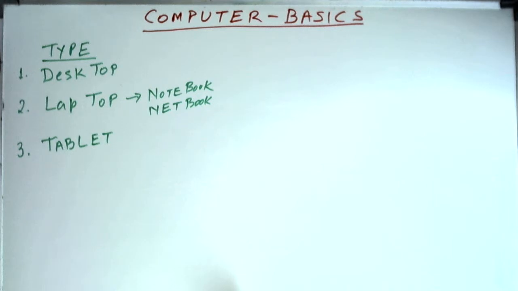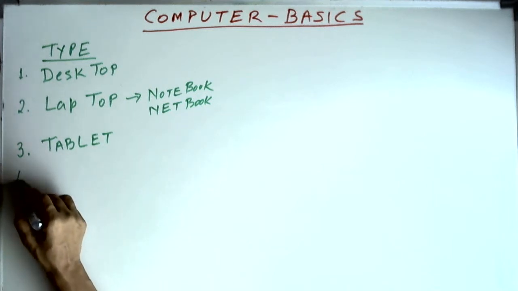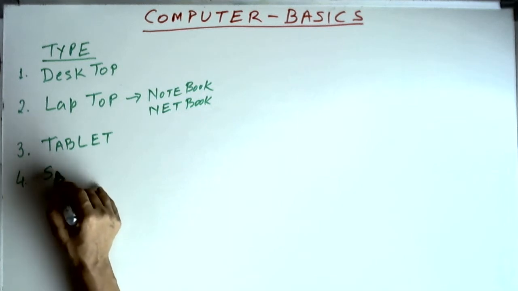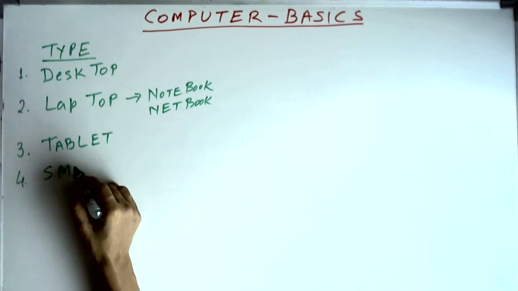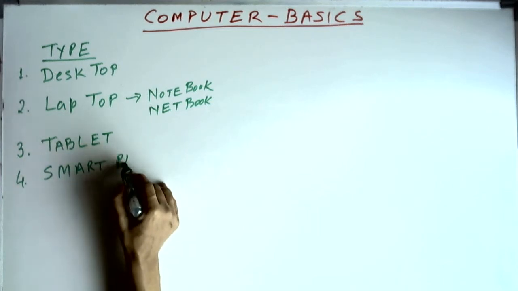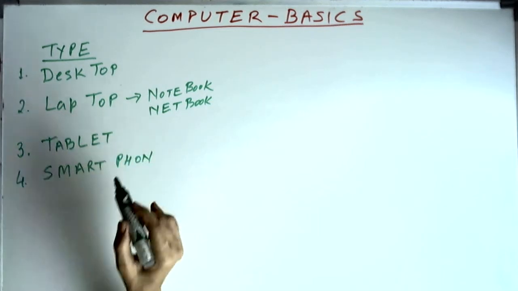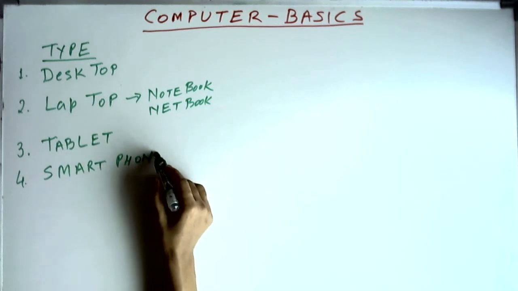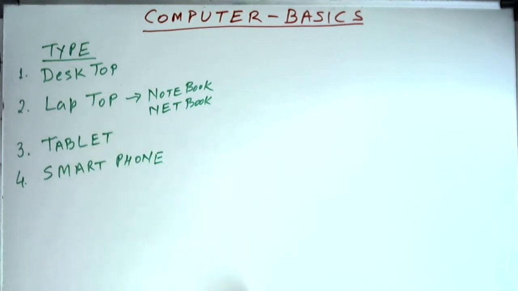And the fourth computer these days is coming along with the phone, and that is called smartphone. So a small computer is there inside the phone, and iPhone is one of the smartphones which is very popular.